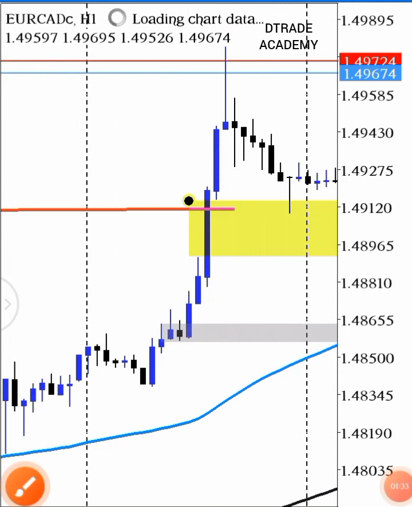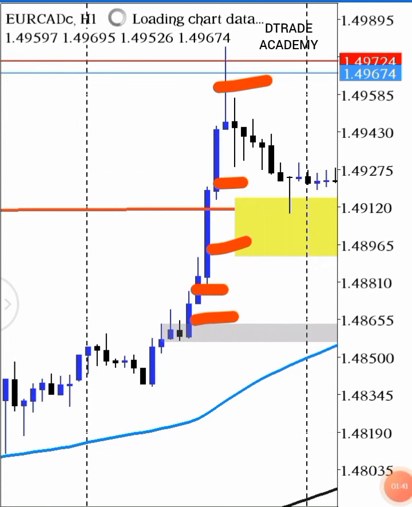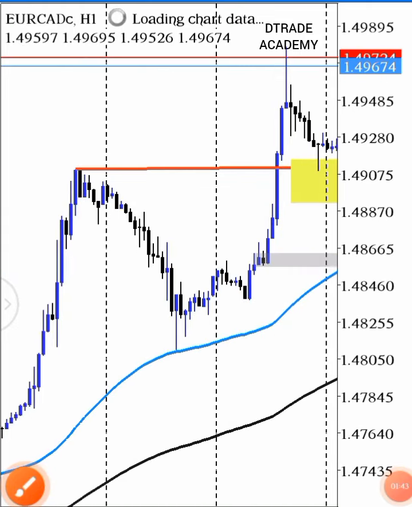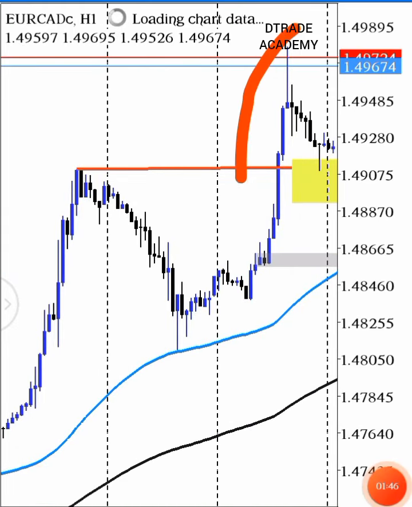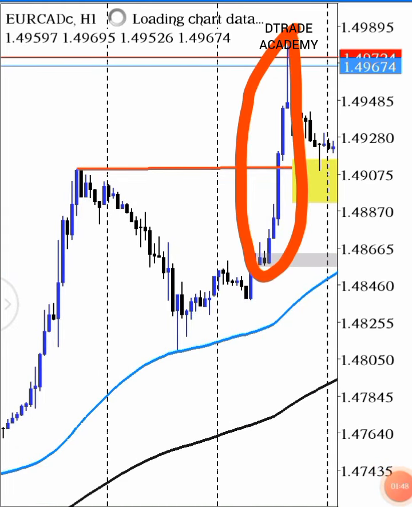Look, we have 1, 2, 3, 4, 5. And what happened? Those candles are vector candles. They broke structure to the upside.